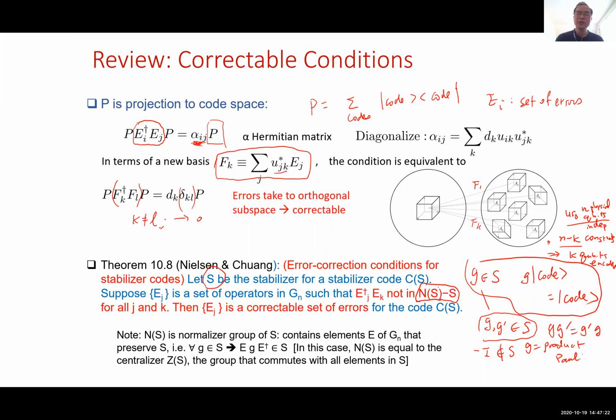So normalizer, basically in this context, is the set of elements that commute with the stabilizer S, meaning anything that commutes with the stabilizer is in the so-called centralizer, but the centralizer in this case is the same as the normalizer.